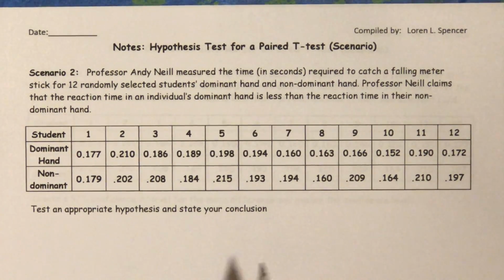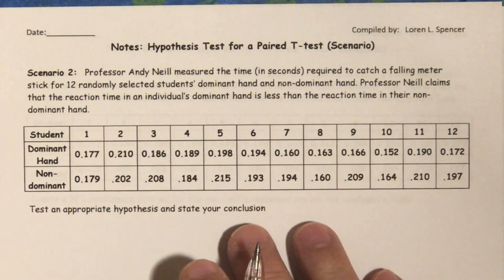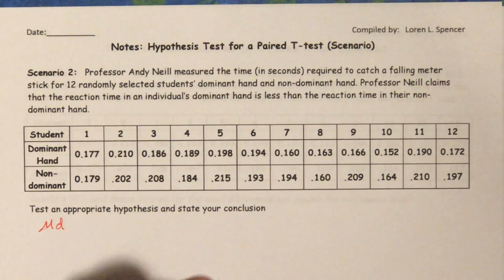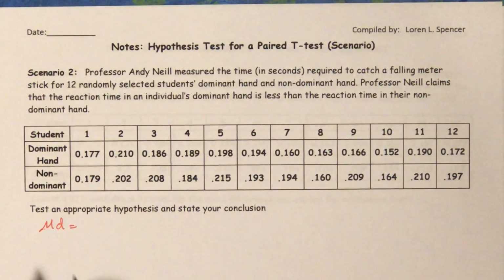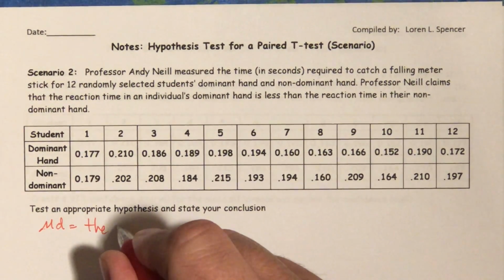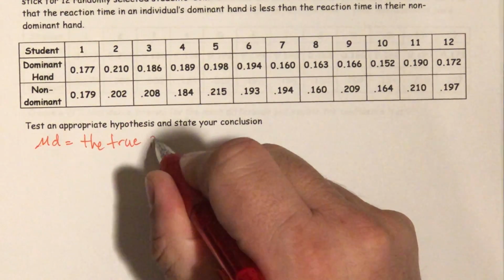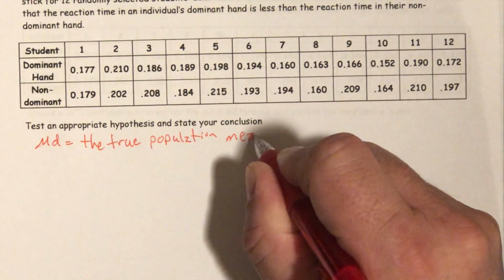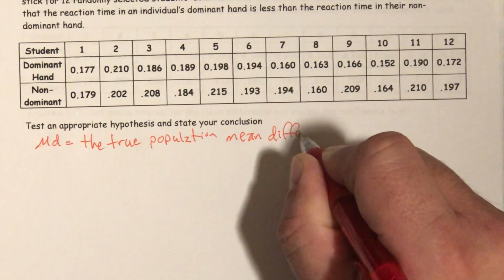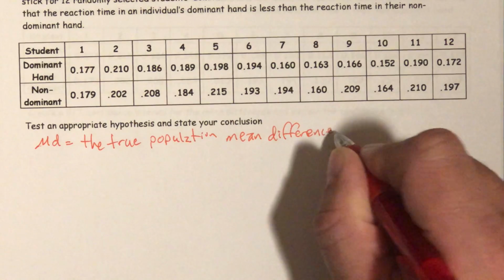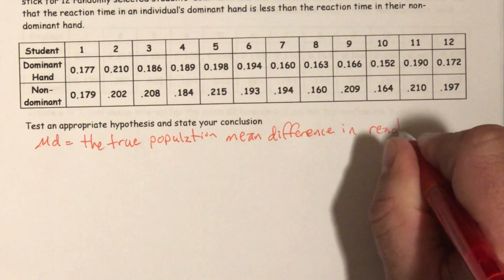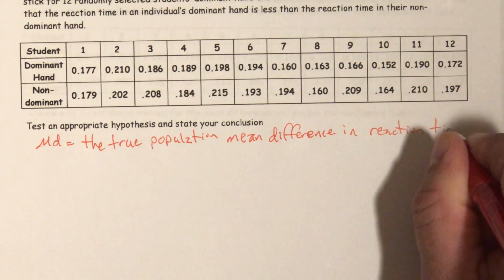Since we're looking for an average, we need to define our parameter. In this case, mu d equals the true population mean difference in reaction time, and we need to define how we're going to do that.